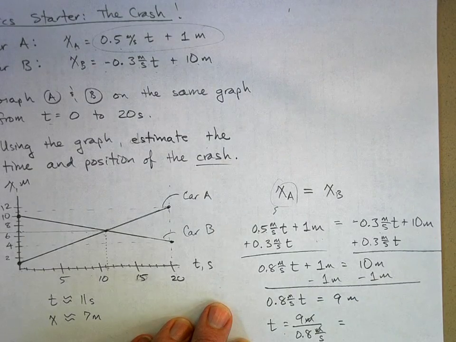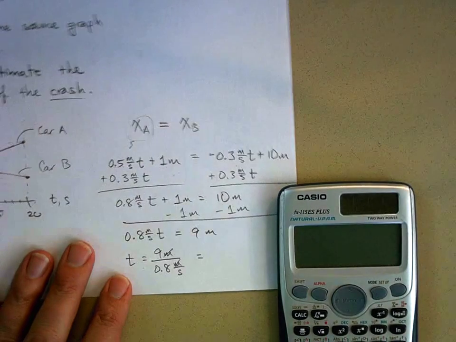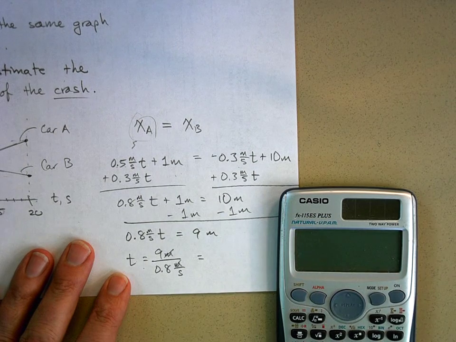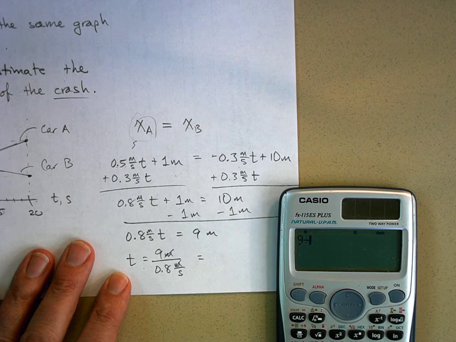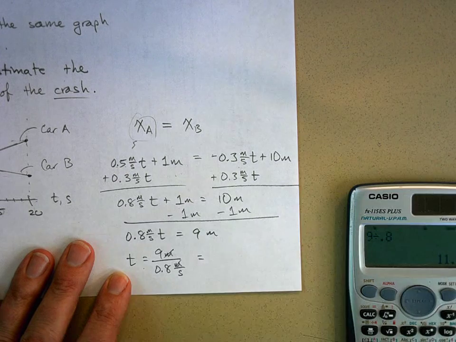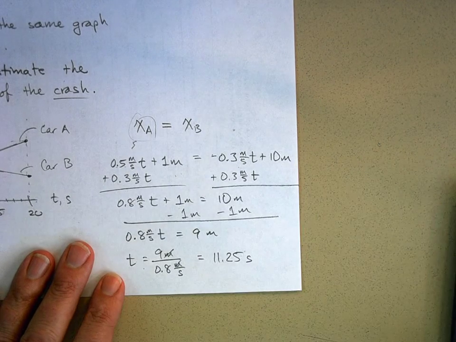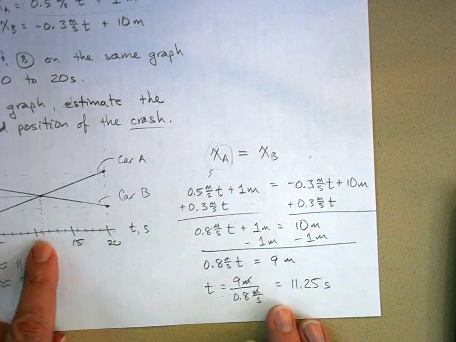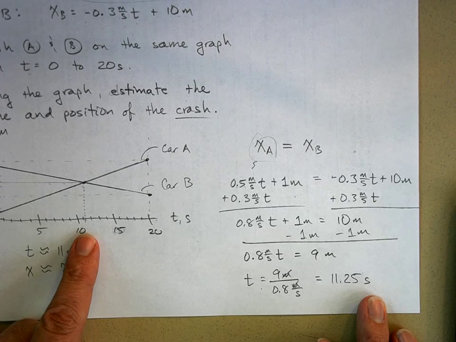And I get up my calculator and I just say, okay, 9, oops, well, turning it on helps. 9 divided by 0.8 equals 11.25. Wow. Look at my graph. That's pretty good agreement right there.